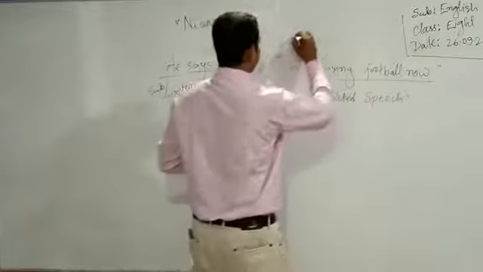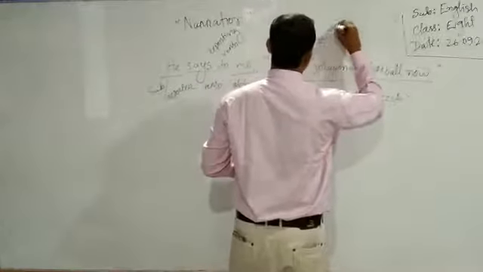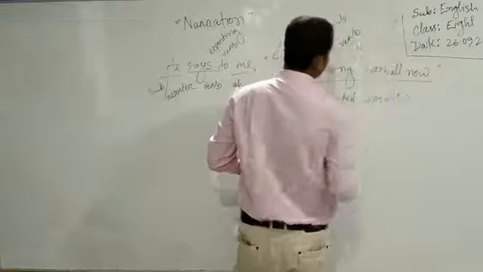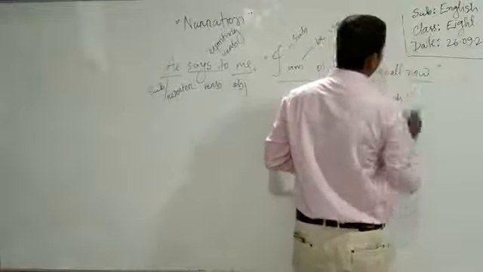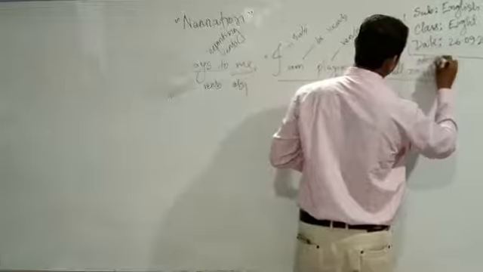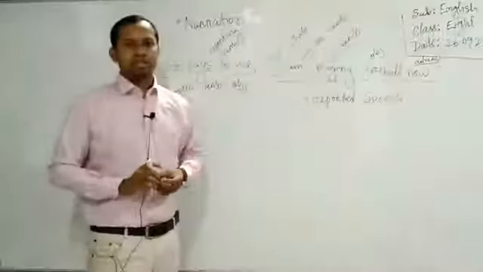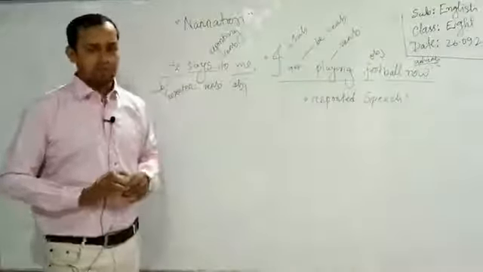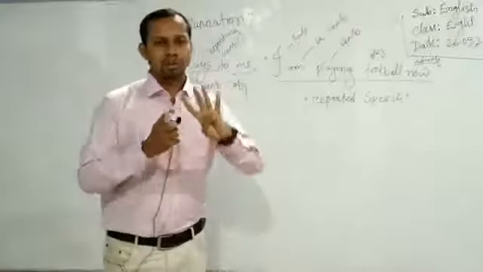Here I is the subject, am is the be verb, playing is the main verb, football is the object, and now here is an adverb. So to change a direct speech to an indirect one, we have to follow only four rules.